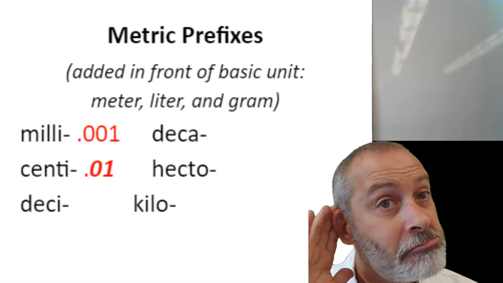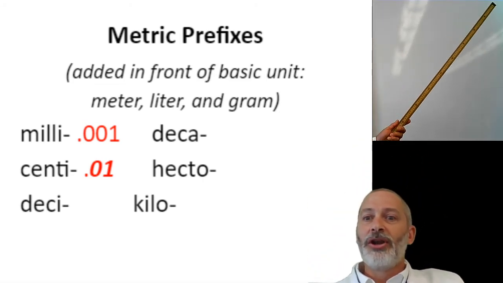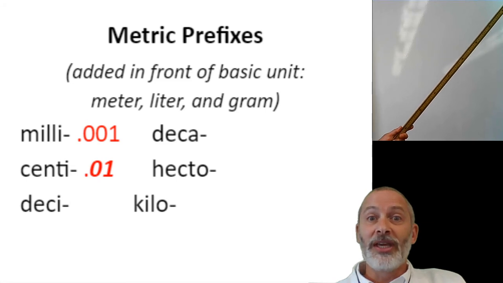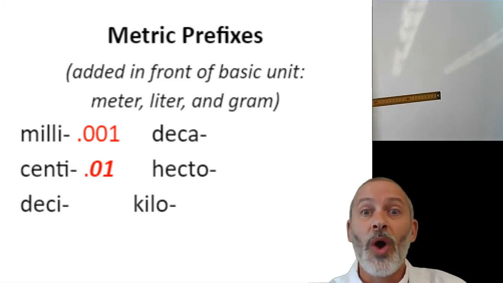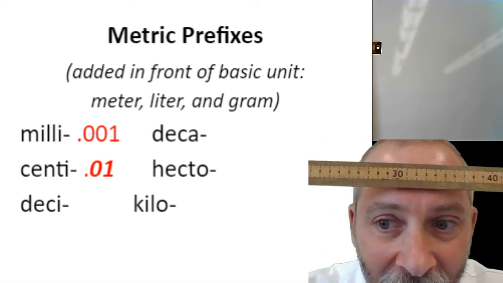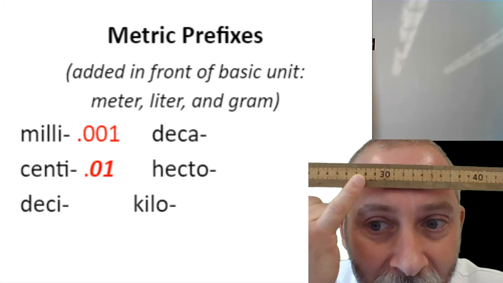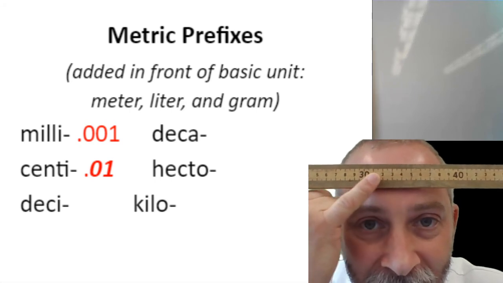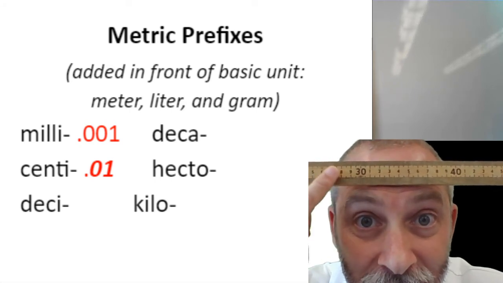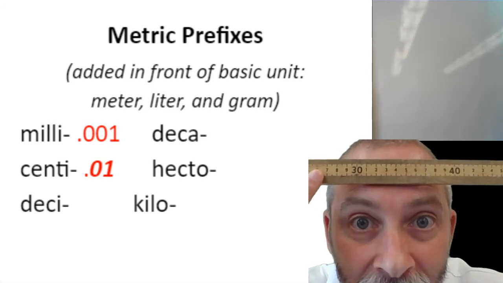You've got a centimeter. Again, look at our entire meter stick here. Chop it into 100 different sections, and each of those sections correspond to these numbers. Each of these numbers is 1/100th of 1 meter.